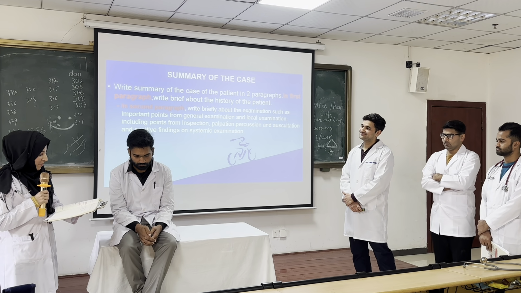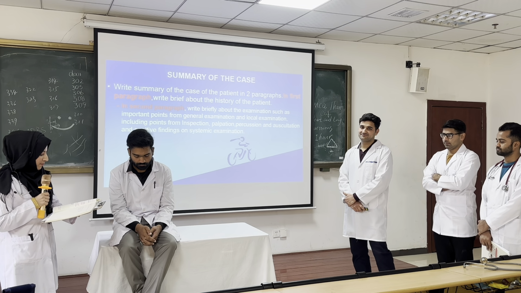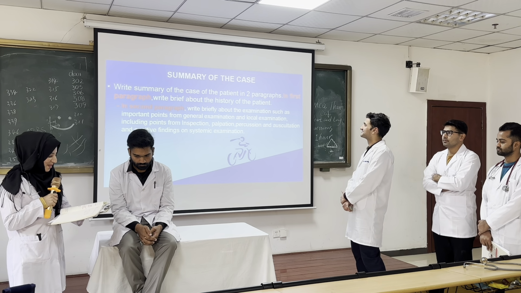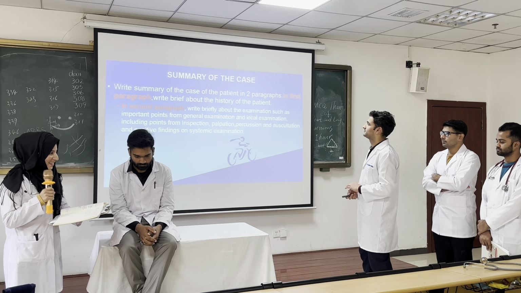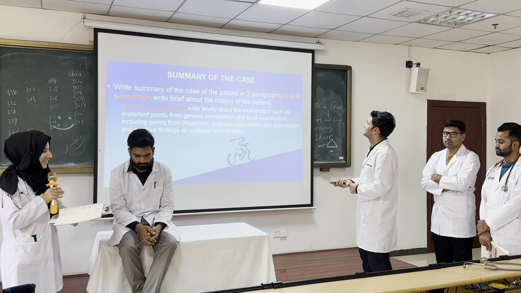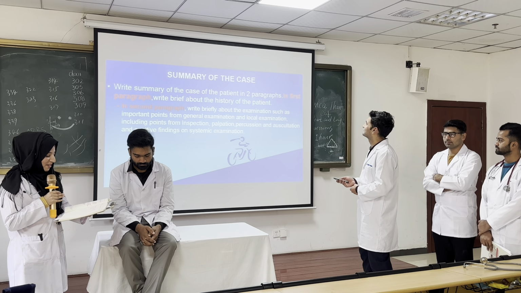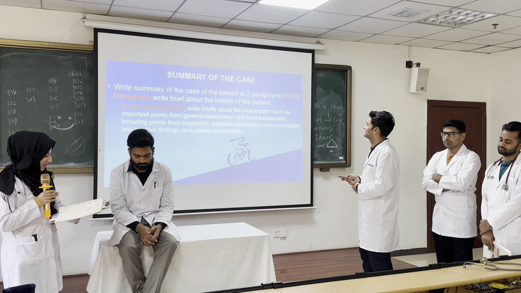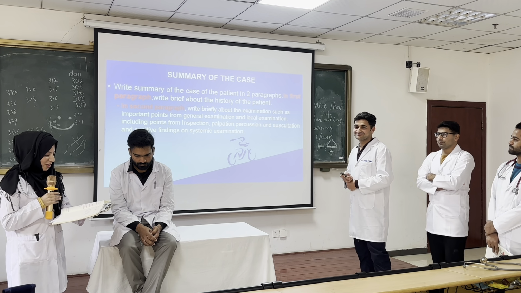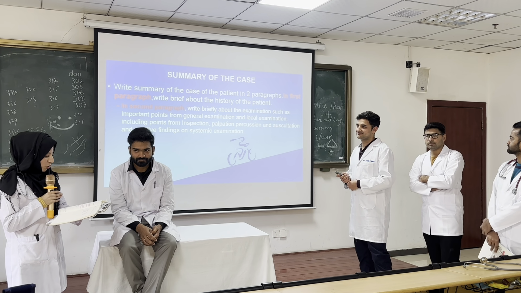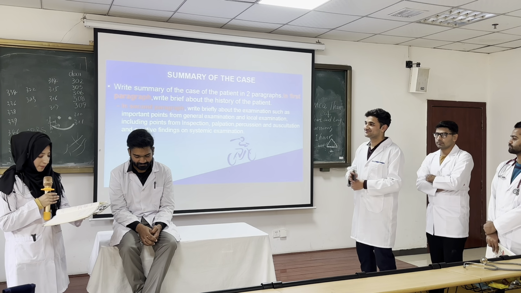Pulse is 86 per minute, regular. BP is 118 by 66. Temperature is 101.2 Fahrenheit or 38 to 39 degrees centigrade. Respiratory rate is 22 per minute. He looks pale. There is no cyanosis, jaundice, clubbing, koilonychia, splinter hemorrhage or palmar erythema.